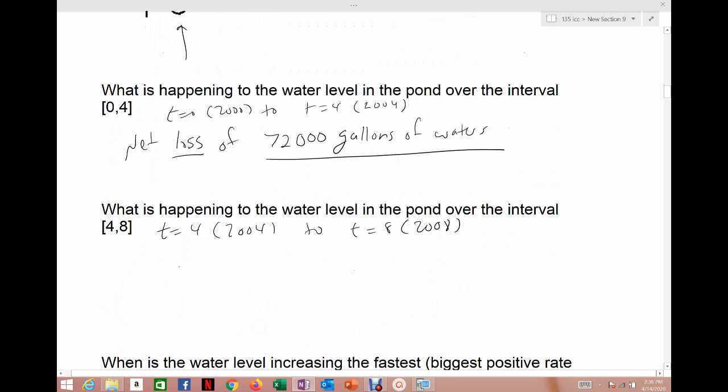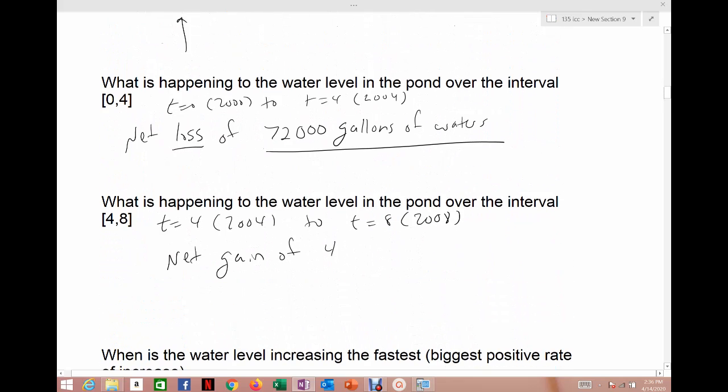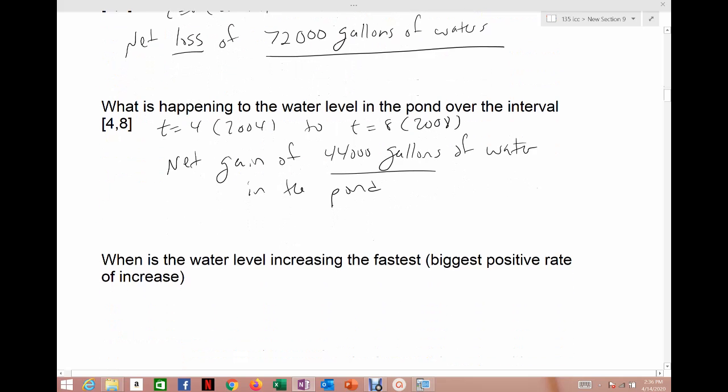All right, so there was a net gain or increase, however you want to word it, of 40, I can't remember anymore, 44,000 gallons of water in the pond. Alright, so over those 4 years, it was raining. They gained water. Alright, the next question.